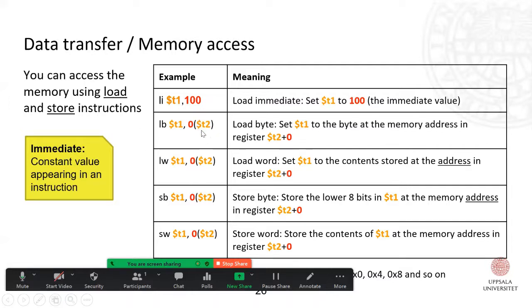This is saying the address of the data is stored in register T2, and this 0 value besides it says the offset, or the difference from the address here. So in this case, it says, go fetch this address, sum it up with 0, you go to a location in the memory, and then load that value into register T1.